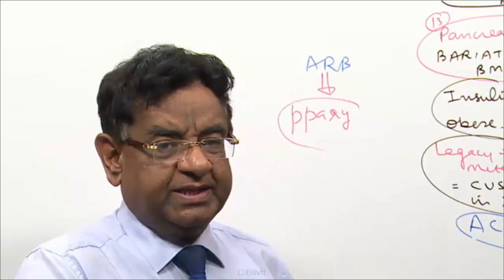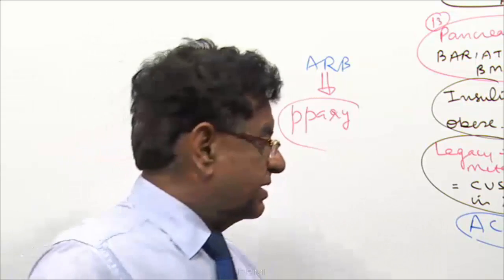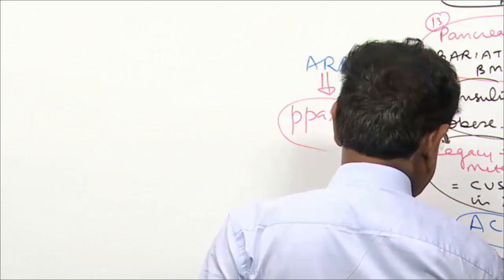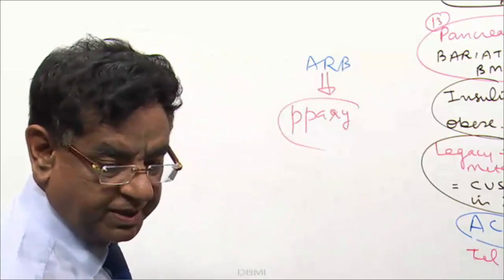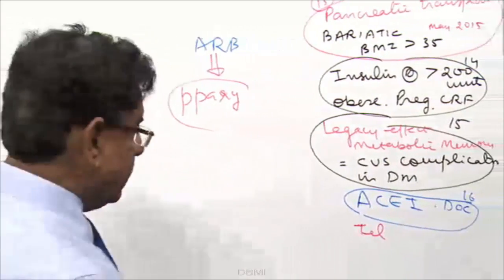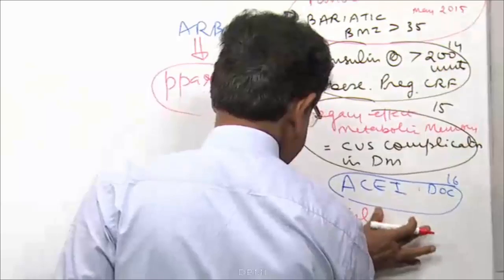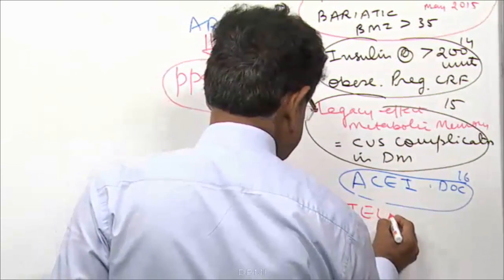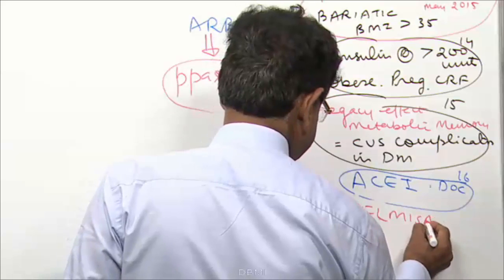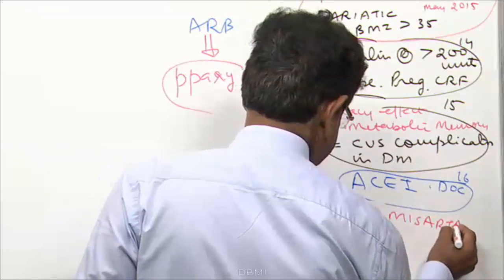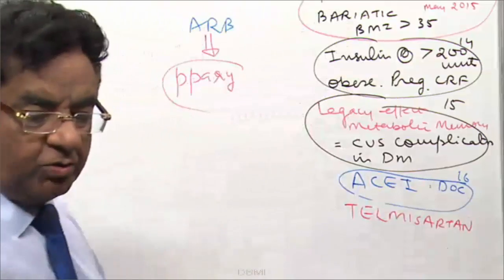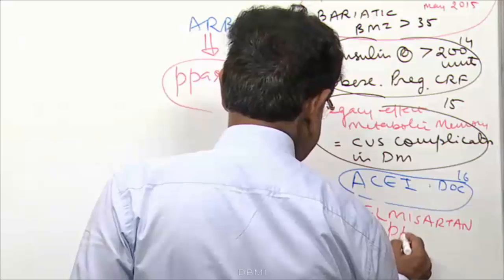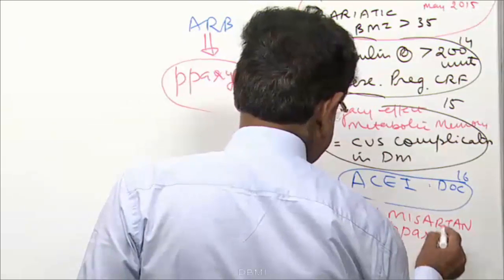But recently they have come with a new drug. Telmisartan is the only ARB which acts on the PPAR gamma receptor.